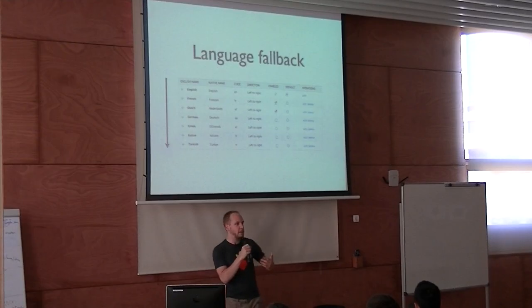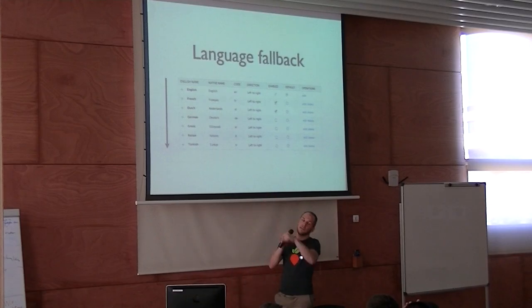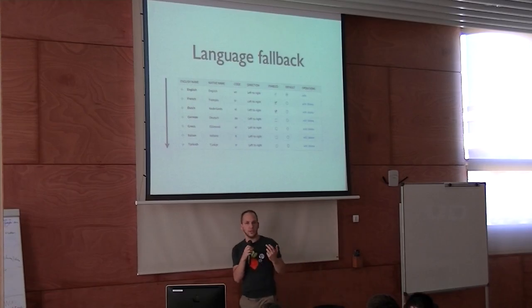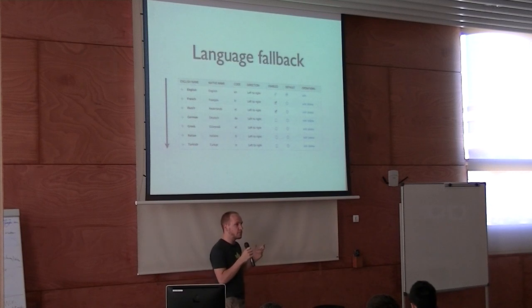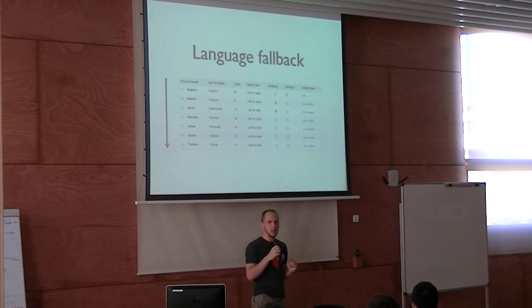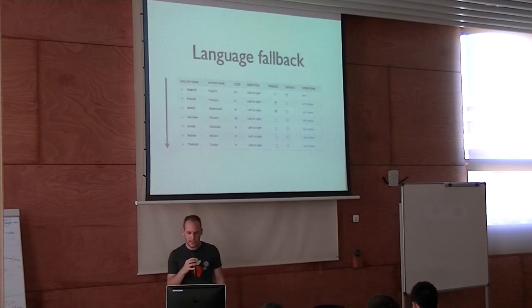And if we use the language fallback, it means that we can say if the content is not available in your language, we are going to go through the list of languages and look if there's anything that's available and pick the first one. This is something that you can enable or disable, but it can be very practical. And there are some cases where it really makes sense to do that.